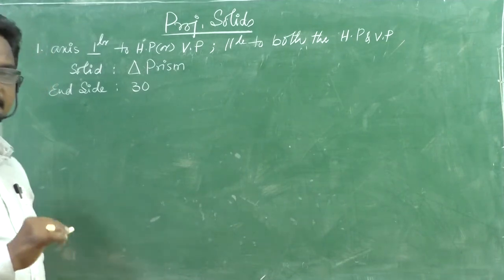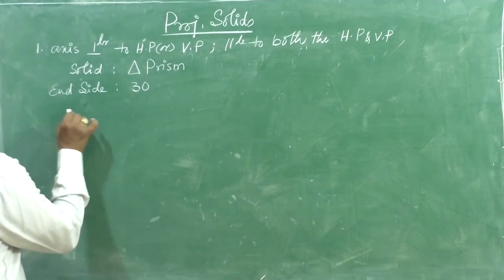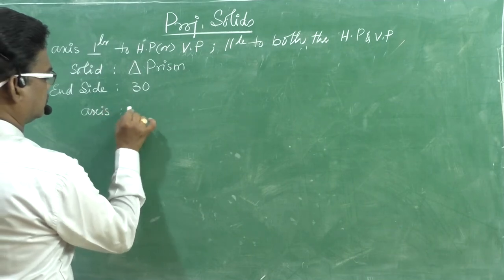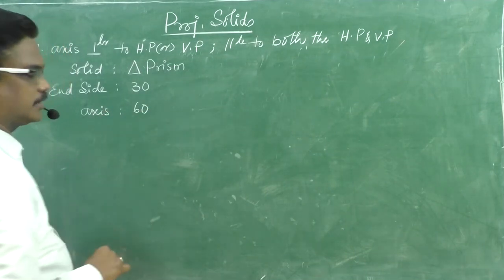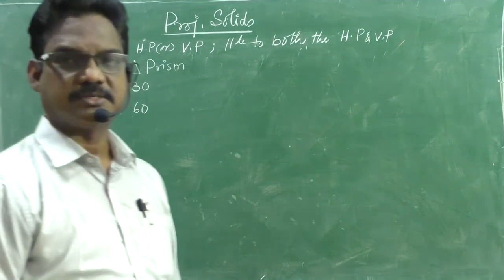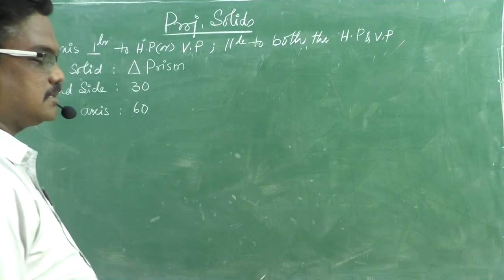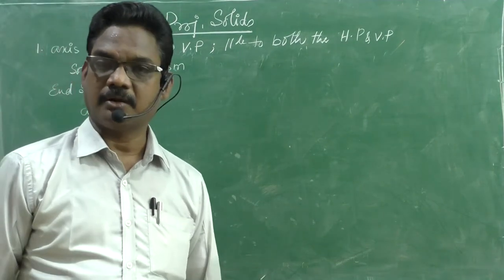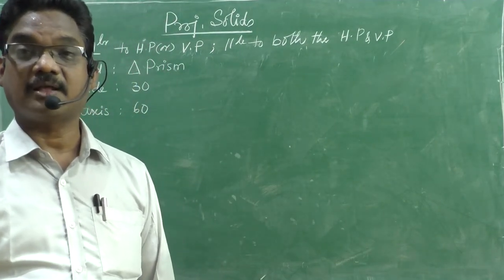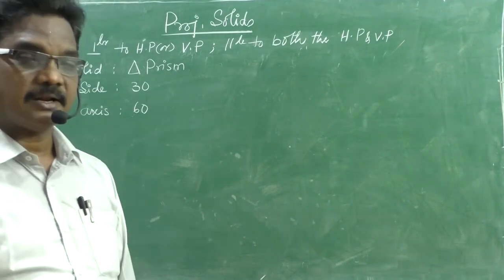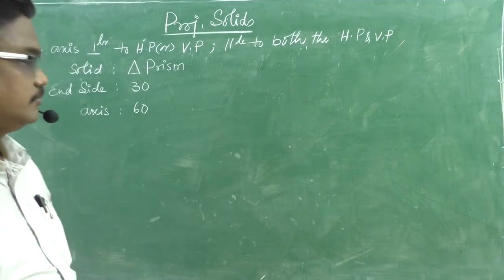And the axis length is 60 mm. And it lies in the horizontal plane on one of its rectangular faces, and the axis is parallel to both HP and VP.